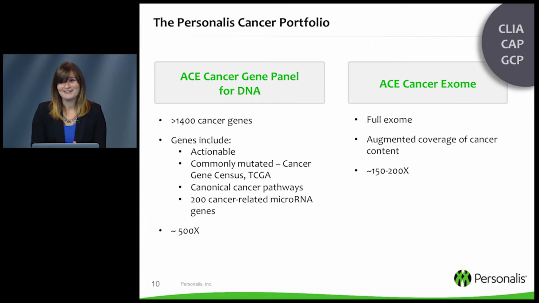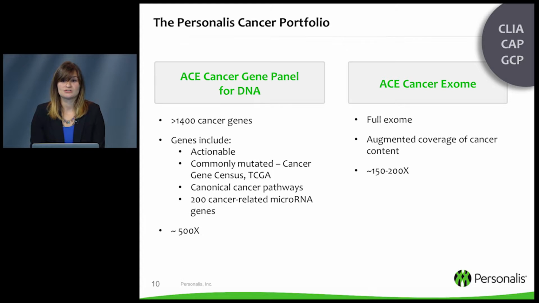Now for this webinar, I'll be focusing on two of our assays more specifically, the ACE Cancer Gene Panel for DNA and our ACE Cancer Exome. So I'd like to delineate the differences between the two here. Our ACE Cancer Gene Panel targets over 1,400 cancer genes. Now, we designed this panel to try to assay almost all of the genes a cancer investigator might be interested in.